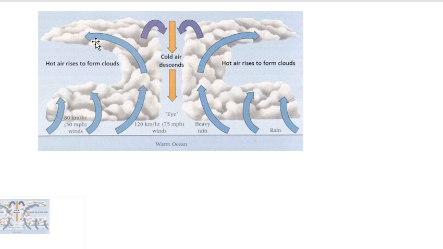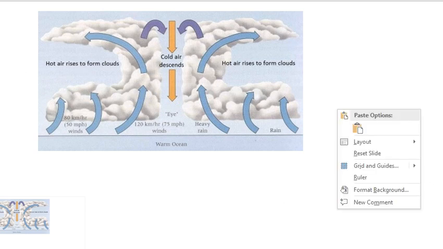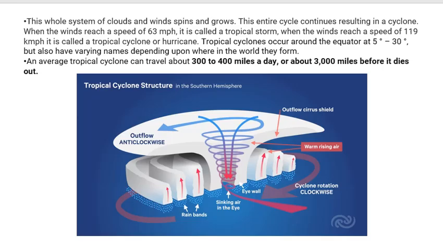This cyclone is very high, and sometimes it goes up to 300 to 400 miles a day, and sometimes it becomes very violent. Sometimes it is average, sometimes it is medium. There are different types of cyclones, that is medium, average, and heavy violent storms, depending on the speed of the wind.